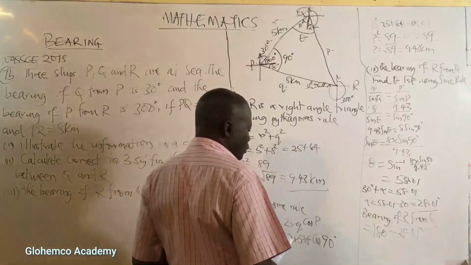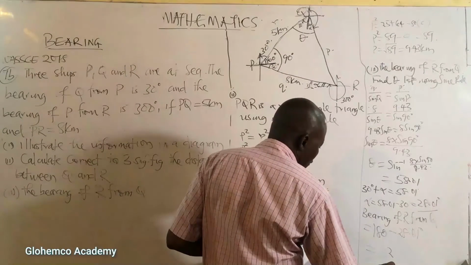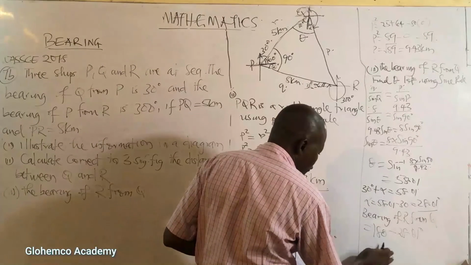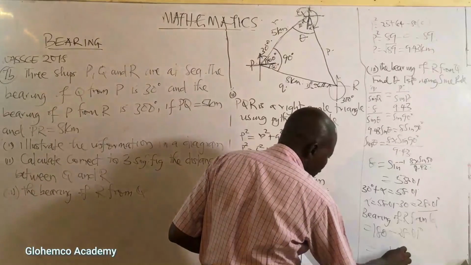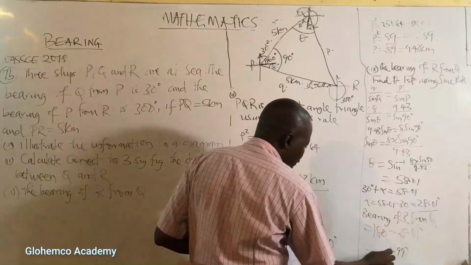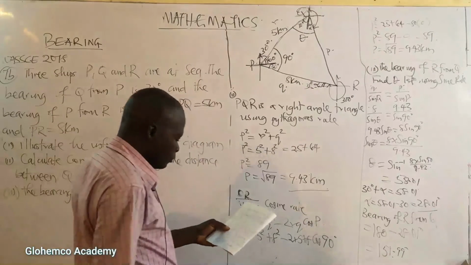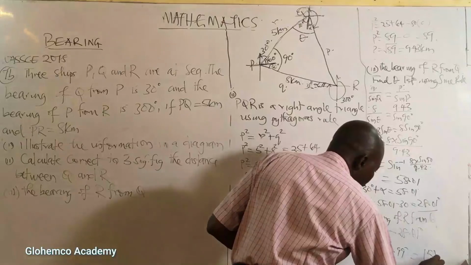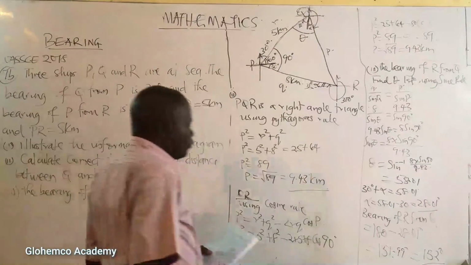By the time we subtract this one, it will give us 151.99, approximately 152 degrees.